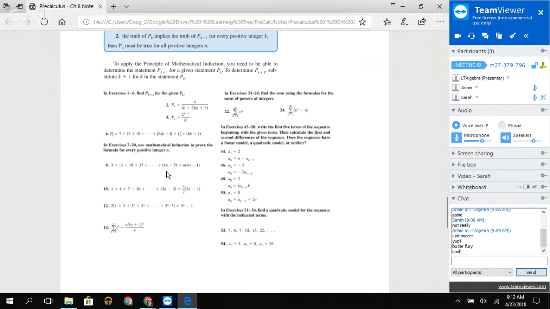This is a series of numbers that we're adding together, right? And someone has figured out that when I add all these numbers up, that's the same as doing n times 4n minus 1. Someone has figured this out for us, right? And we want to prove that this is true.